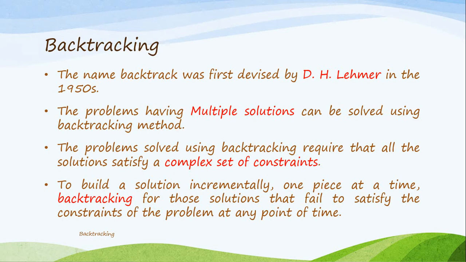While using backtracking, we have to satisfy a complex set of constraints. In backtracking, we build a solution incrementally, one piece at a time, and backtrack for those solutions that fail to satisfy the constraints of the problem at any point of time.